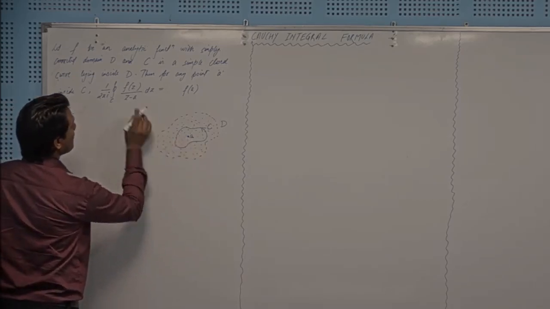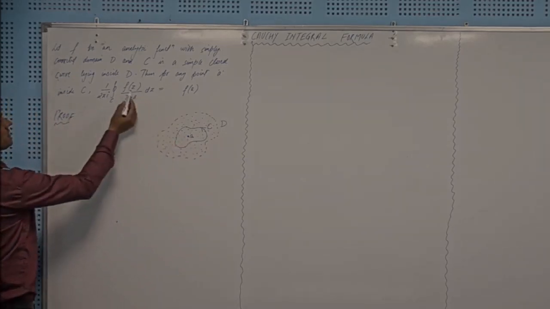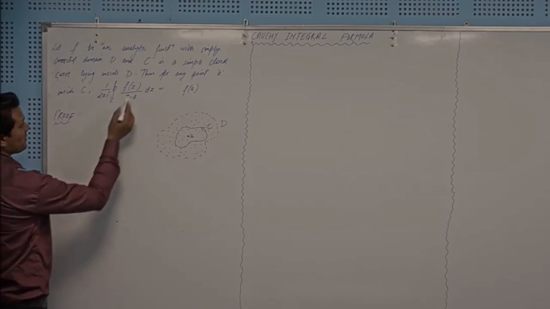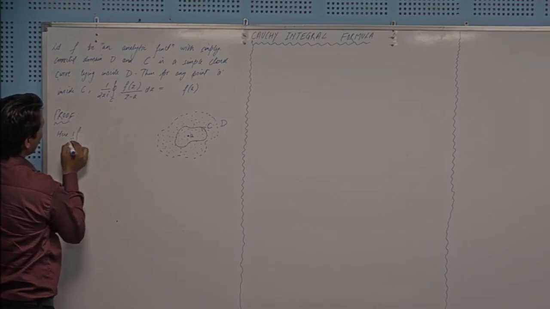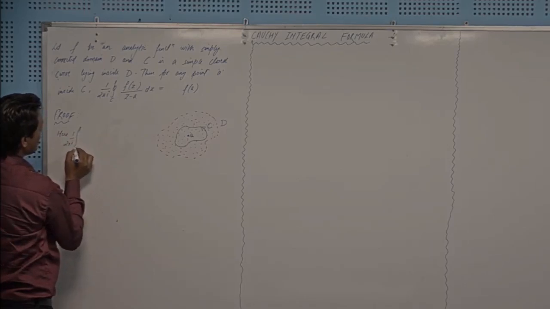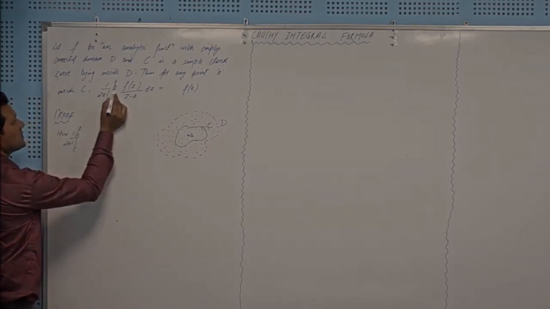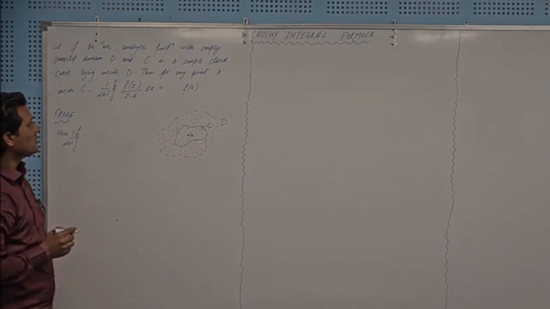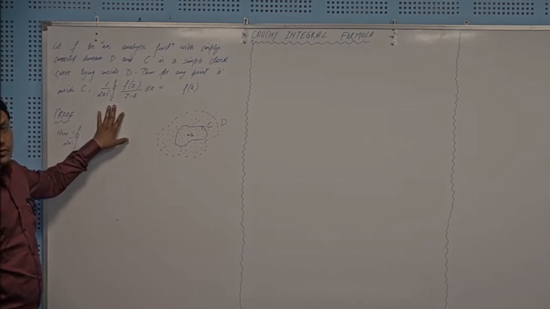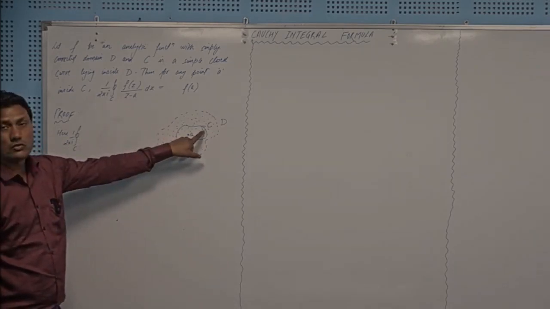Since we can see this function, f(z) over z minus a, here integral 1 over 2 pi i over C, and you know that the symbol is for closed curve since C is closed. And one more thing, here the direction or orientation of this curve is taken as anti-clockwise, right?